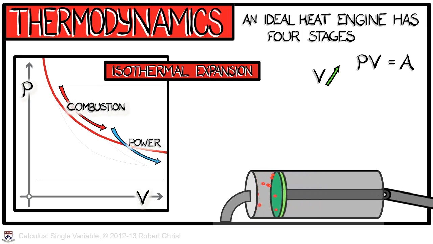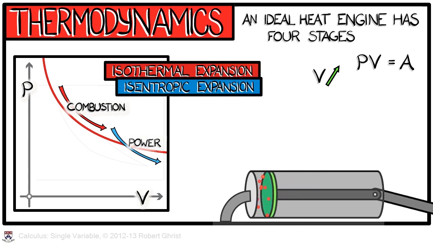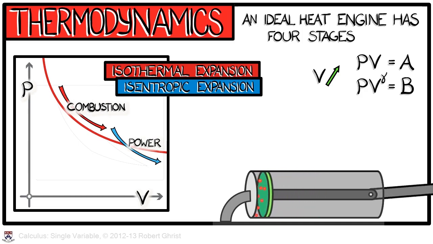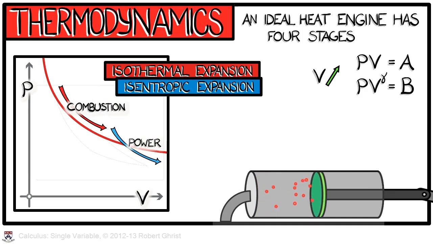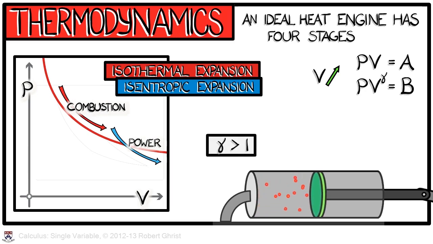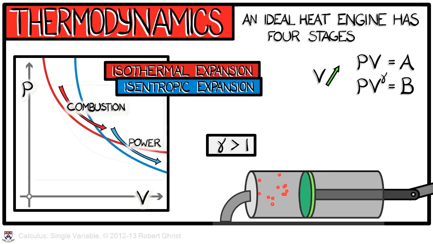The second stroke is the power stroke, sometimes called an isentropic expansion. In this case, you're moving along the curve P times V to the gamma equals another constant, let's say B. Here, gamma is yet another constant that is greater than 1 and depends upon the properties of the gas.